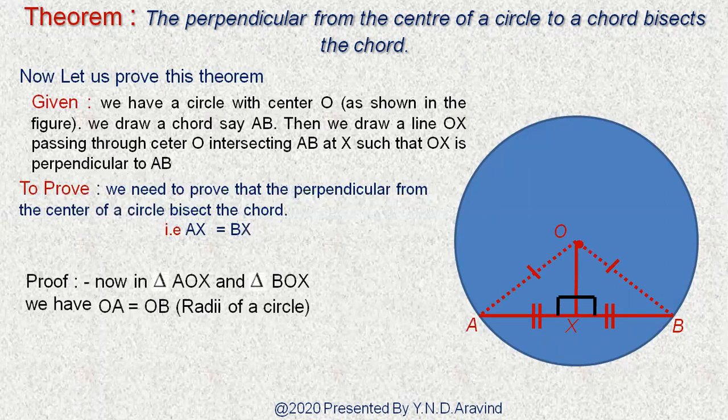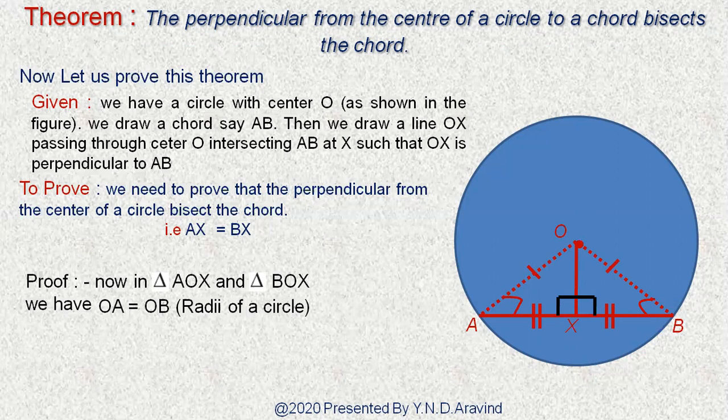The proof is, now in triangles AOX and BOX, we have side OA equal to side OB, since both are the radius of the same circle. Now, this angle is equal to this angle. Why? Let us see now. In this triangle OAX and OBX, we know that OA is equal to OB.